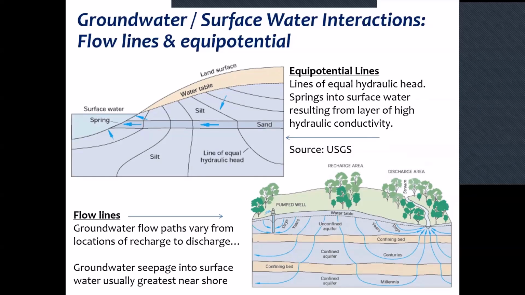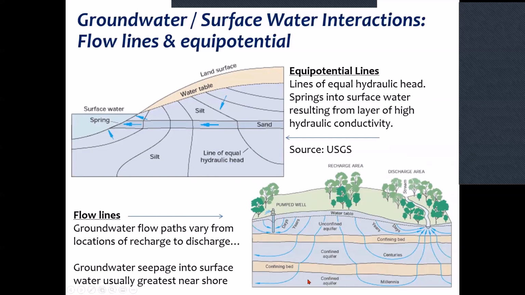So that's why it's convenient to think of them as analogous to contours. And so if you've got equipotential lines drawn in a cross section, then you can infer the flow direction because the flow direction is going to be perpendicular to those equipotential lines. And so you can see that on this diagram here.